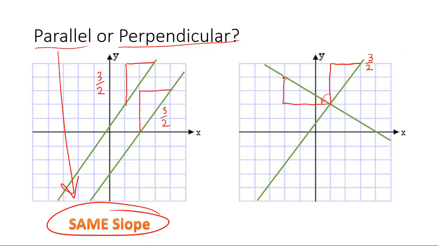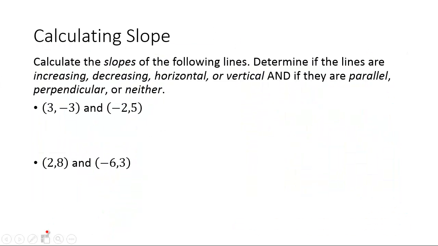Well, that then is a rise of 2, actually negative 2 because it's a fall of 2, and a run of 3. So the difference between those ones is that they are reciprocals and they're negative, and this will always happen for perpendicular lines. Let's try some examples of calculating slope.